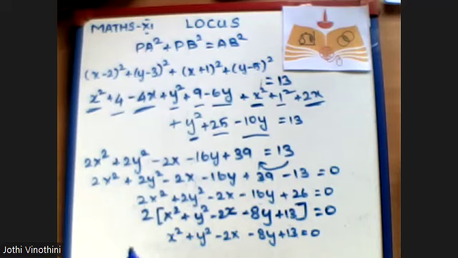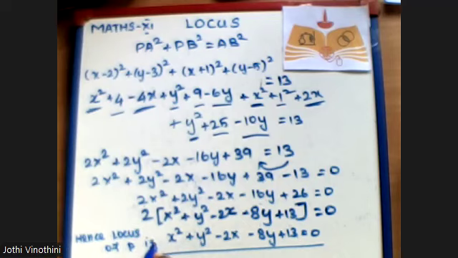So this is what we call the locus of P. Hence, locus of P is x squared plus y squared minus 2x minus 8y plus 13 equals 0. Okay, clear? Do you have any doubt in this?